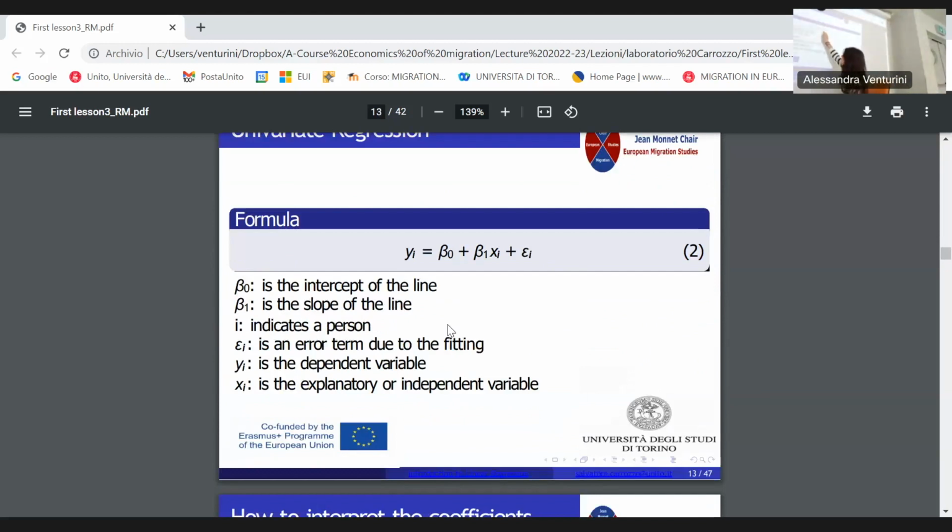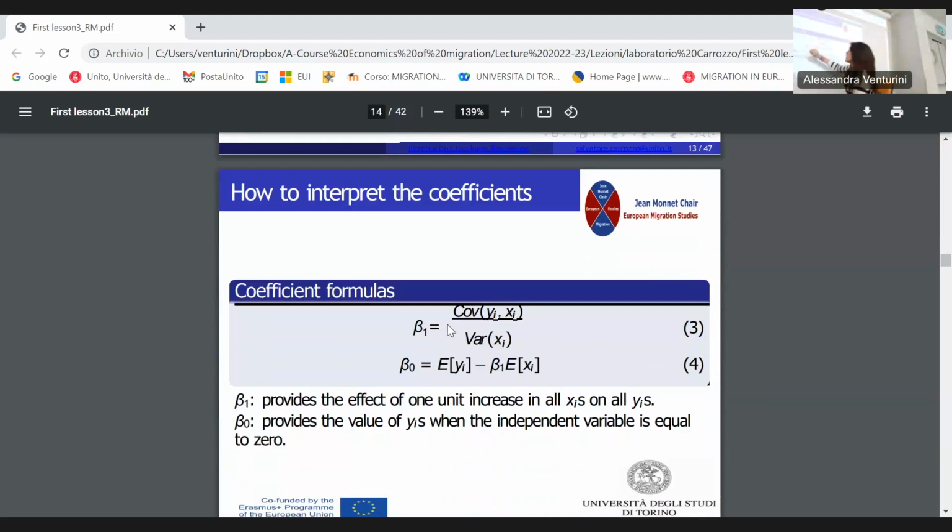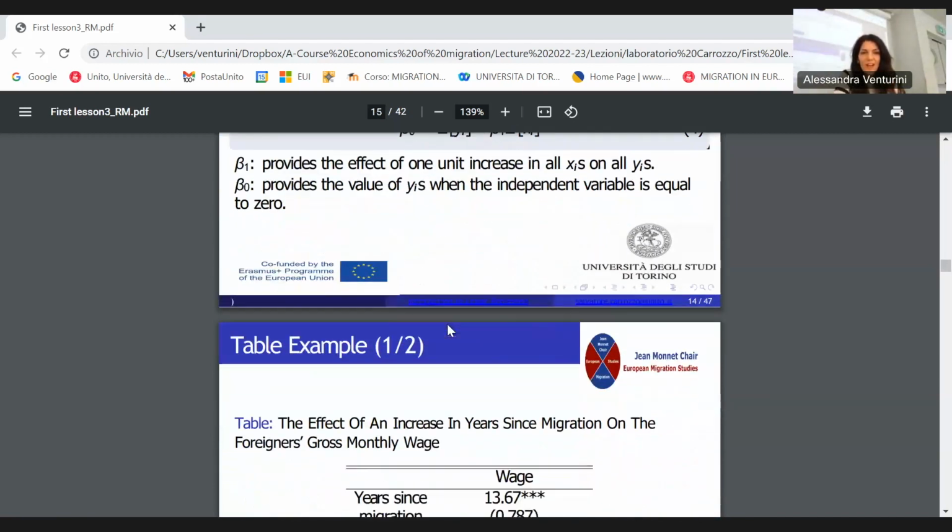And beta 0 provides the value of y when the independent variable is equal to 0. So when x is 0, the intercept. I don't know if it's clear.